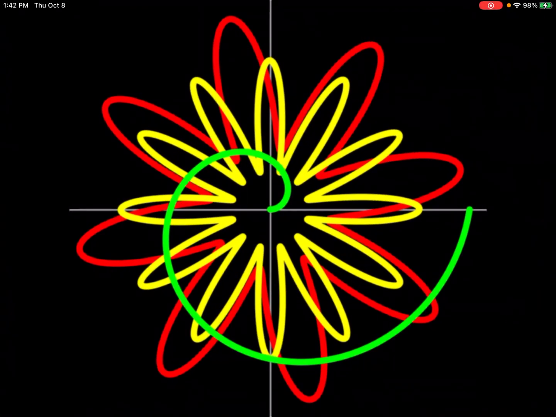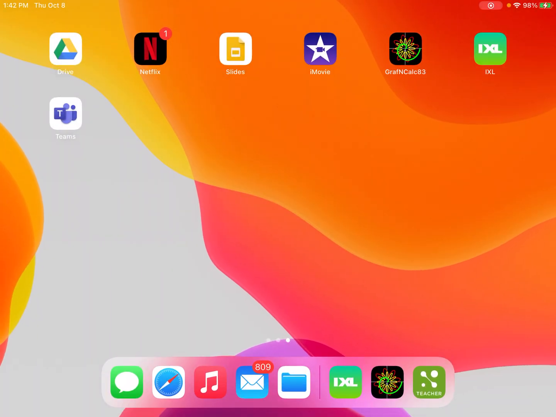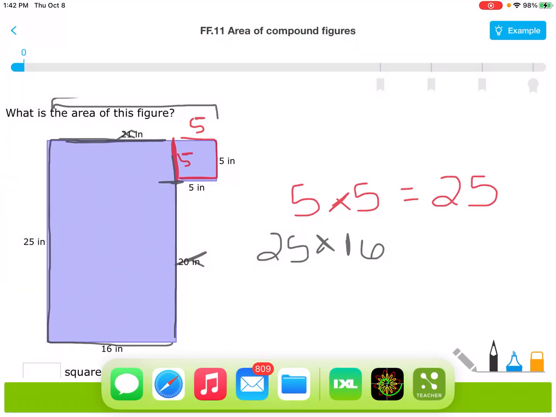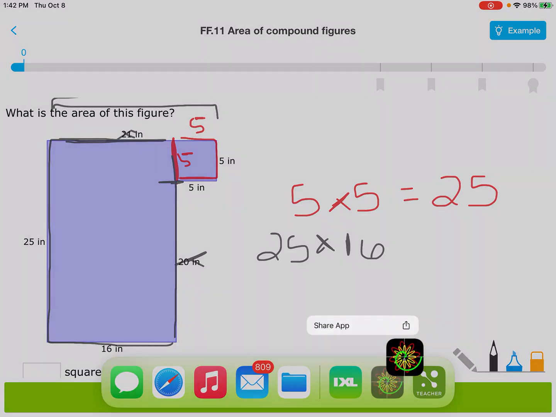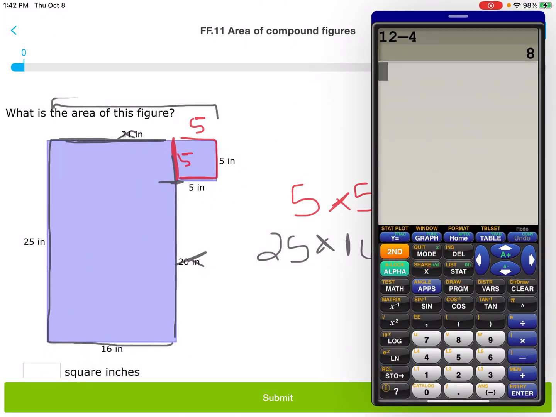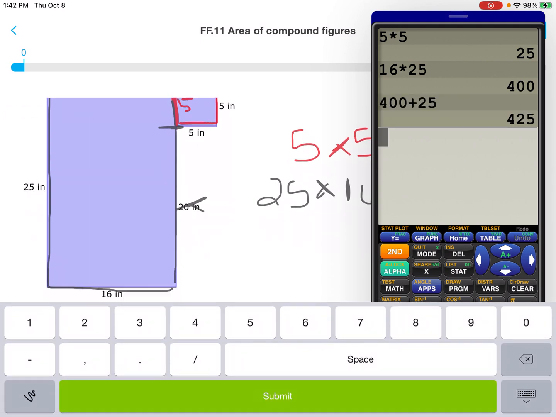In fact, I'm going to demonstrate if you forgot how to get that calculator. Just grab it, pull it up on your screen. So I'm doing 5 times 5, which is 25. I'm doing 16 times 25, which is 400. And then we're adding those two areas together to get a total area of 425.